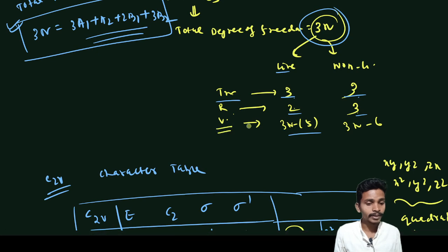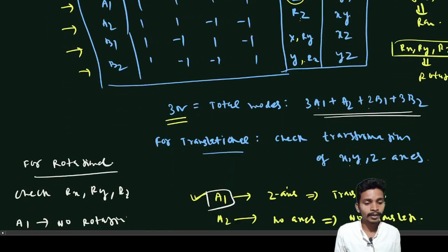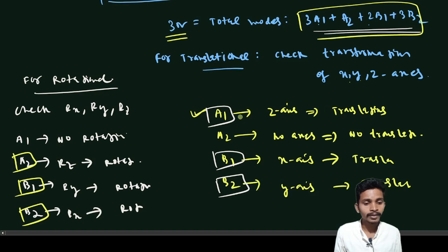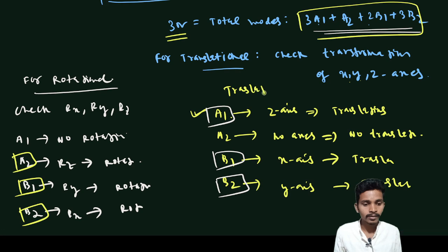For getting vibrationals, what are you doing? The total is 3n, and from it we will subtract the translational and rotational. You add these and subtract from the total. So if A1 is a translational mode, we only write A1, not 3A1.